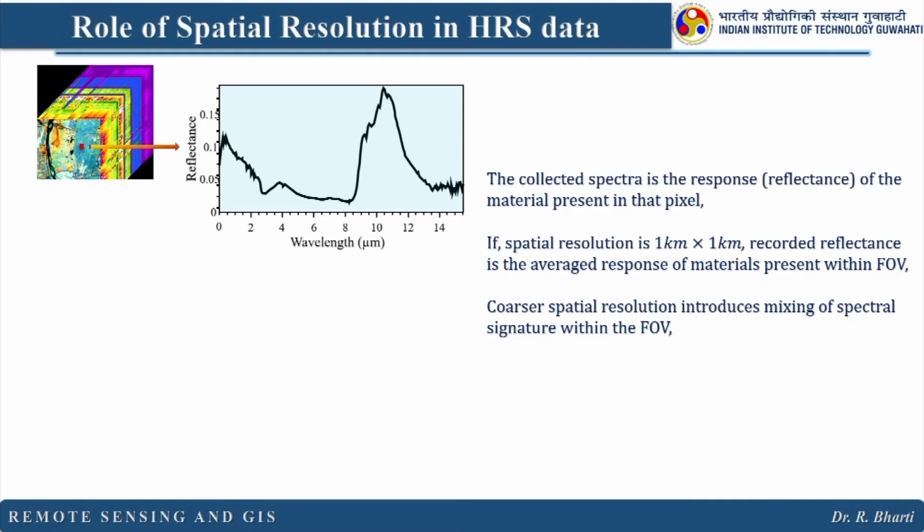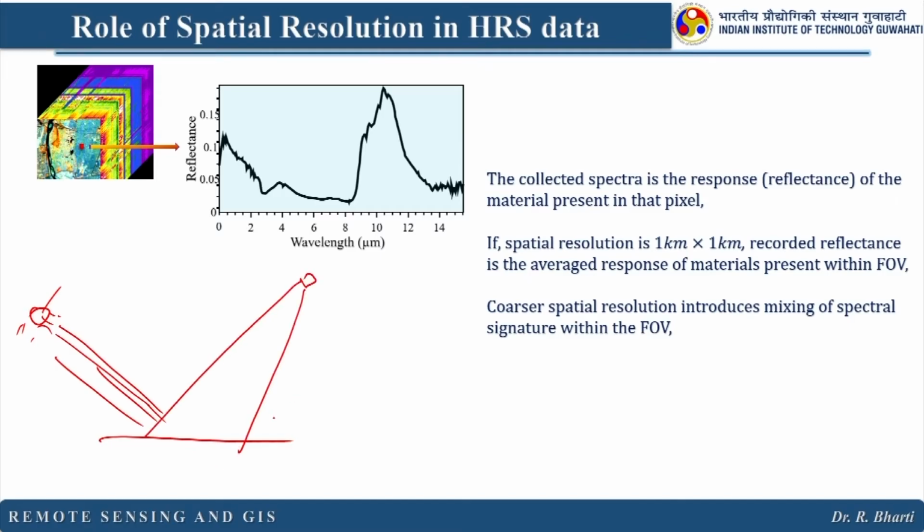Now, the coarser spatial resolution introduces mixing of spectral signature within the field of view, and how is it happening? Basically, let us assume the sun is illuminating this particular surface, right. Now, your pixel size is something like 1 kilometer by 1 kilometer. So, when it is 1 kilometer by 1 kilometer, what will happen?